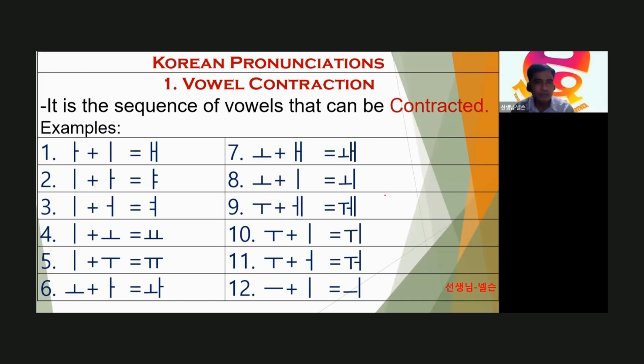So number 1 for Korean pronunciation, tinatawag na vowel contraction.